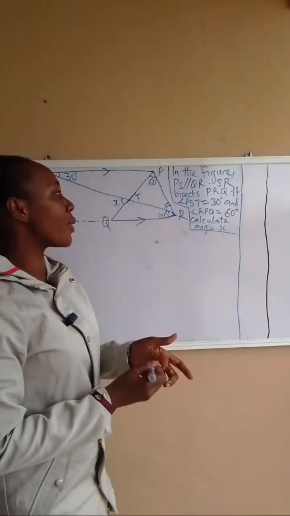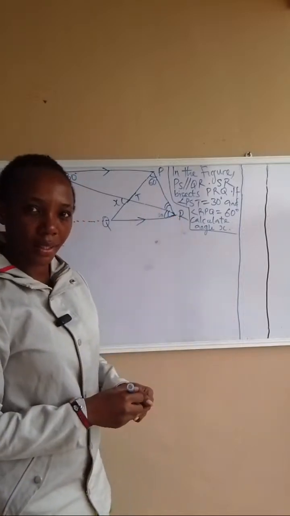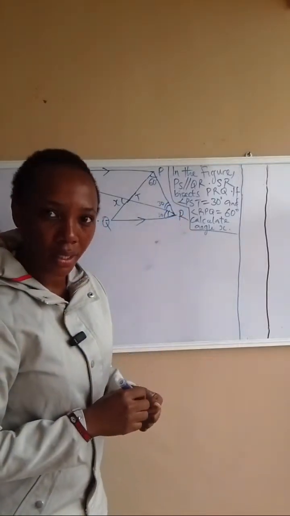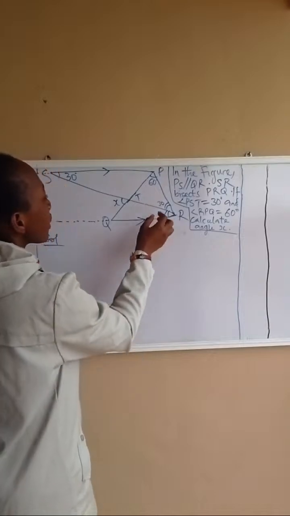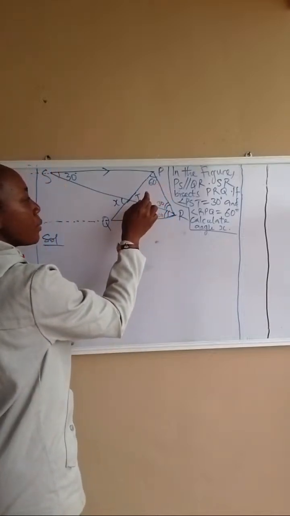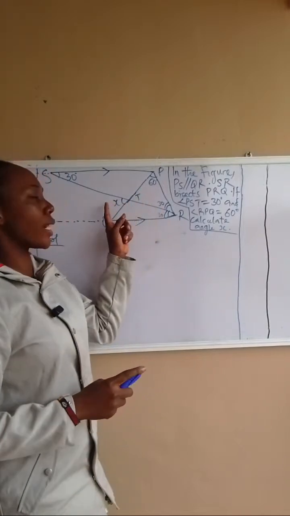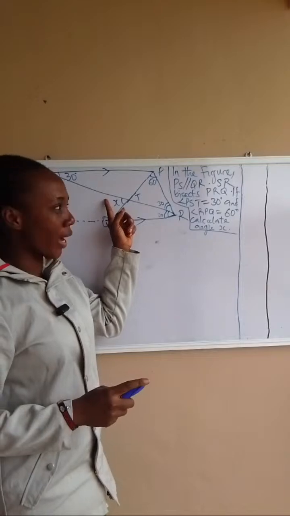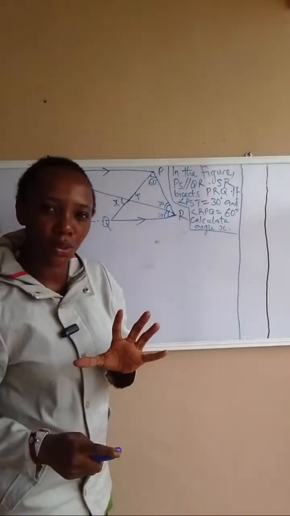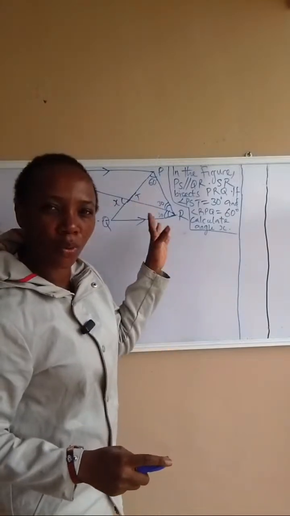And also, if we have 30 here, which means this angle here is also what? 30. This angle is also what? 30. Now, since we already have this, and this, we can be able to solve for x, and whatever is our x value, we can also equate it to x. Why? These are vertical opposite angles. So whatever is the value for t is the same value for x.